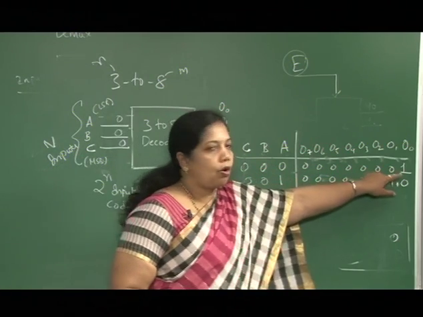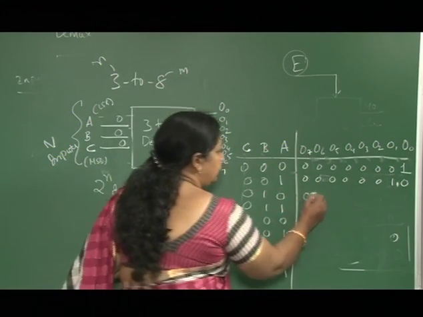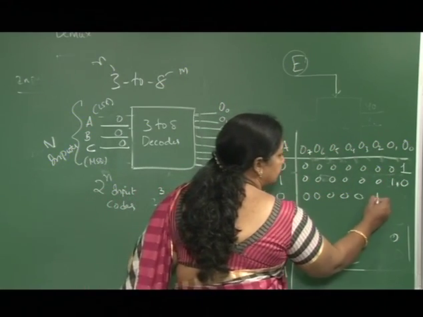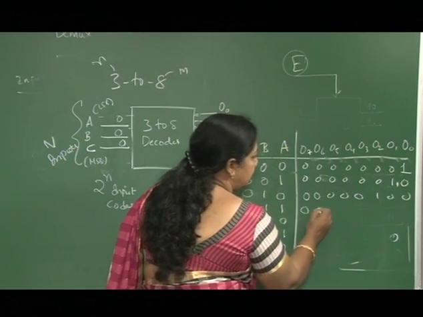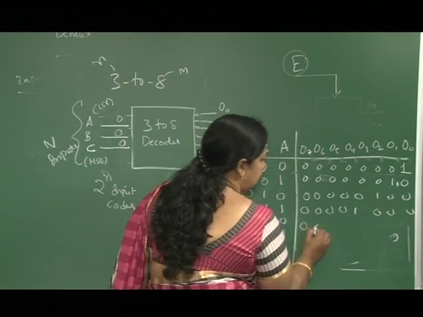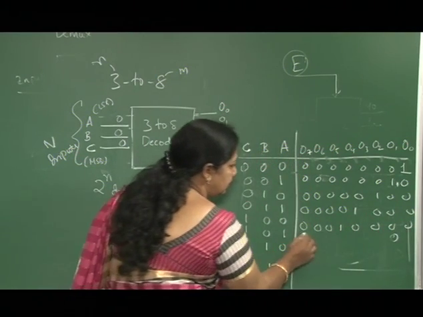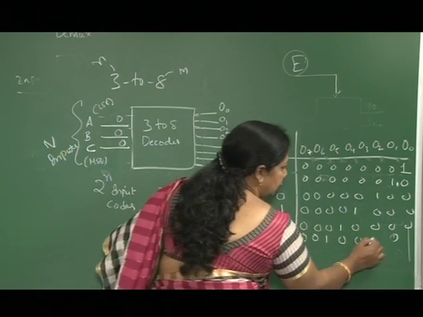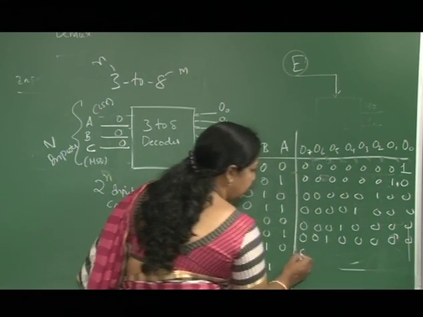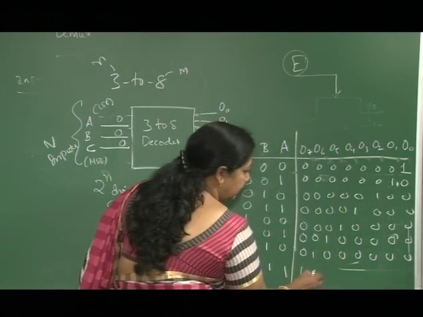So similarly, for all 8 combinations I am going to get output based on the code you are giving at the input side.